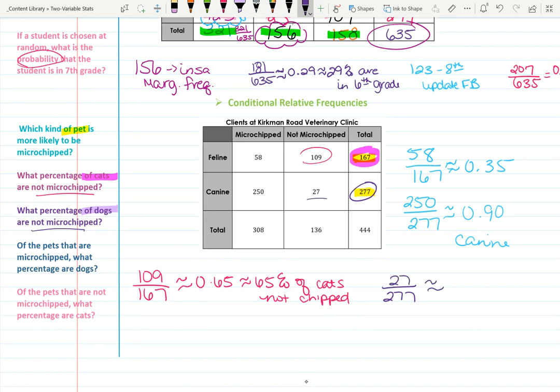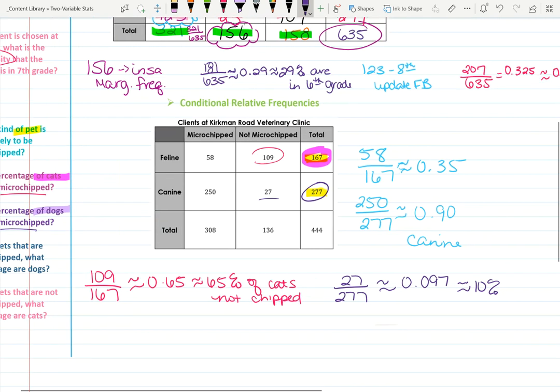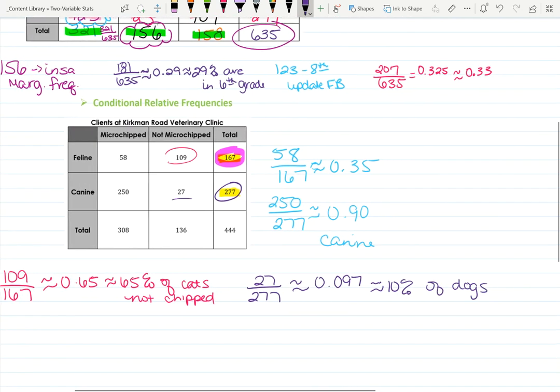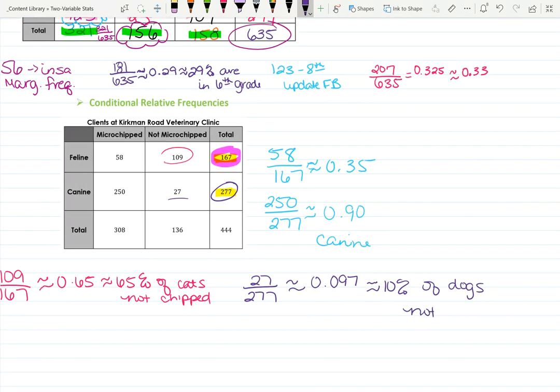And just because we know about 90% were, I'm going to say this is 10, but double check. Yep. 0.097. We did say percentage again, yes. Okay, so about 10% of dogs are not chipped.